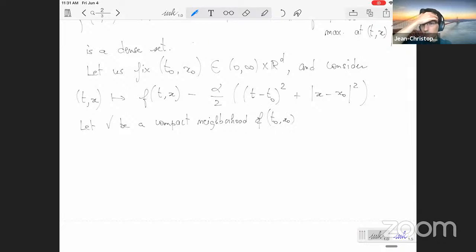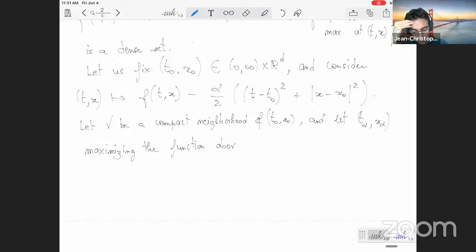Let's just think of a small closed ball, and let's say T alpha X alpha is a point which maximizes the function that I wrote on V. Okay, so it's a continuous function on a compact set.